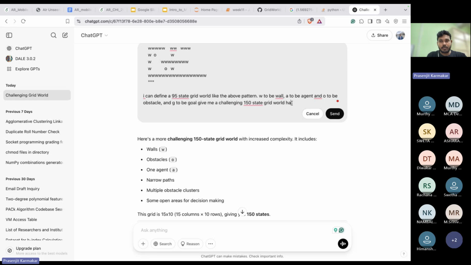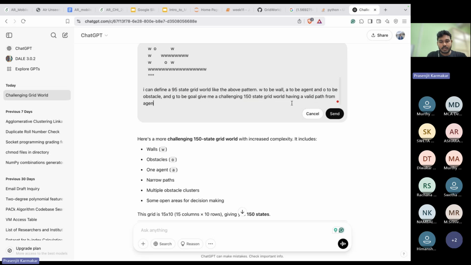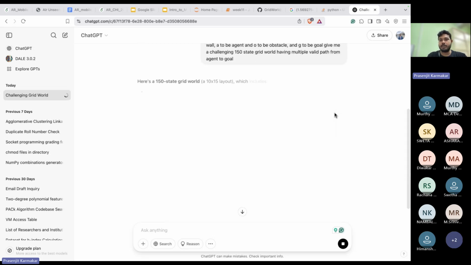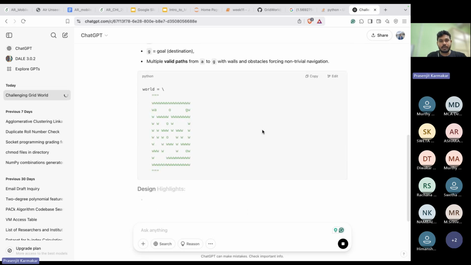Make the world have a valid path from agent to goal. Not multiple valid paths, just to make sure that my world is solvable, right? Okay, it puts the goal here only.